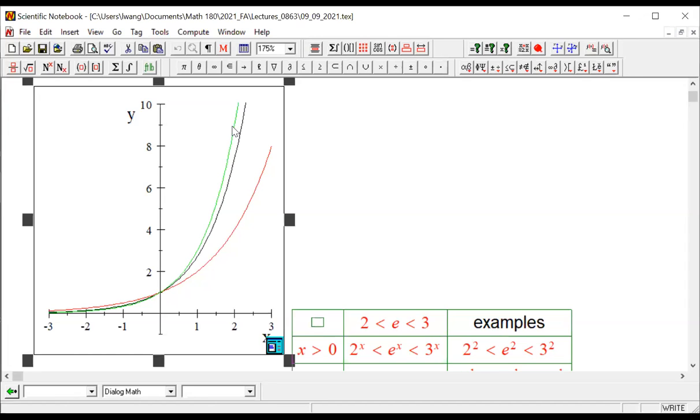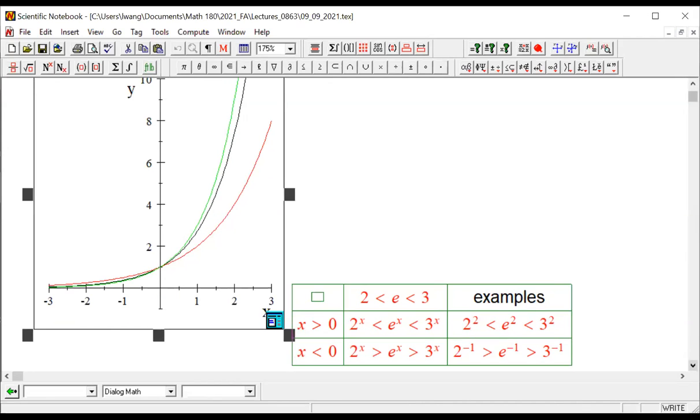What if we have base 10? 10 to the power x is one of the functions in basic 1, right? What is base 10? Are you with me?